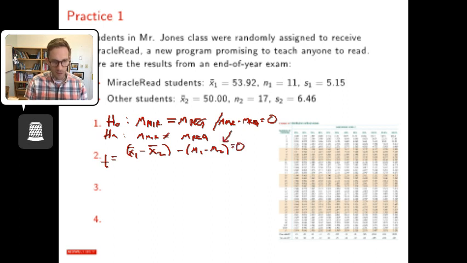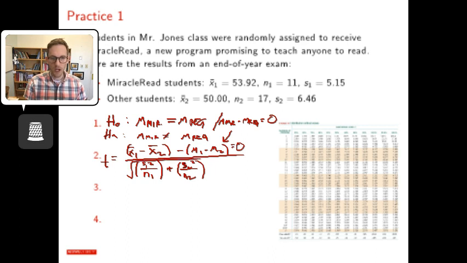But we're going to put this over the standard deviation, or the variance, S1 squared over N sub 1 plus S2 squared over N sub 2, that's a plus sign, and we're going to take the square root of that.